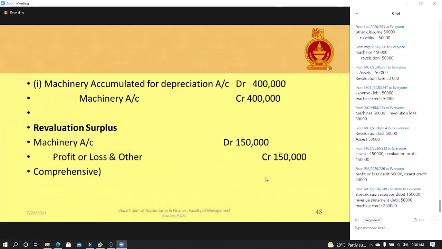For number 1, so all of you wrote this answer. Machinery and profit and other comprehensive income account, credit and debit likewise. But we have to get the accumulated depreciation for the machinery account as well.